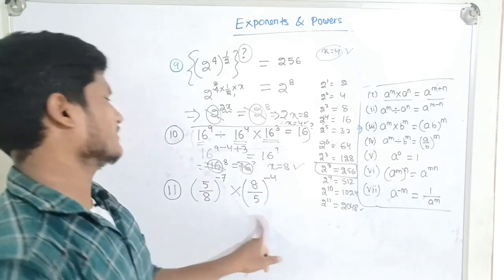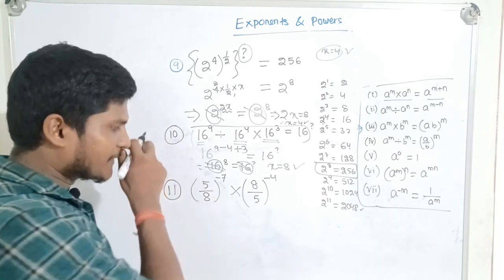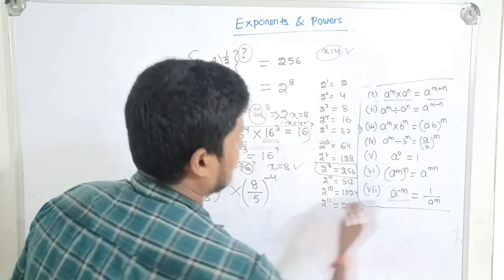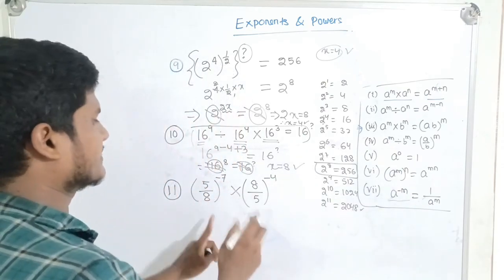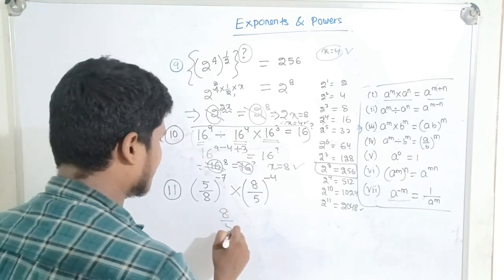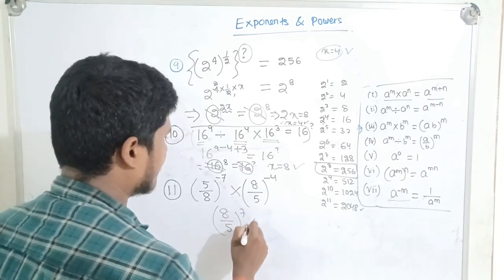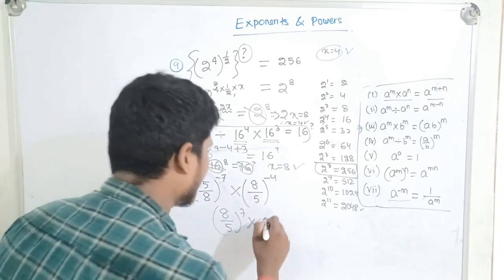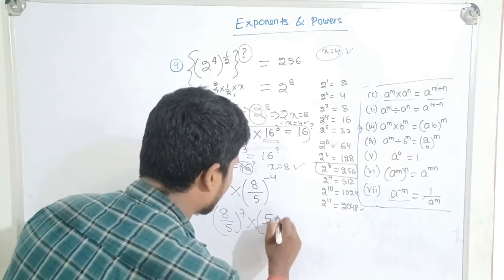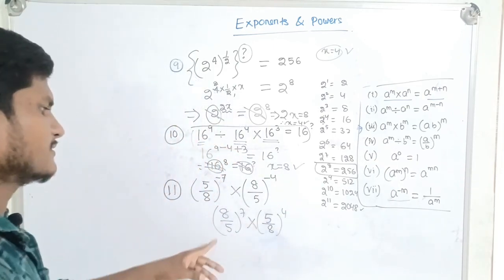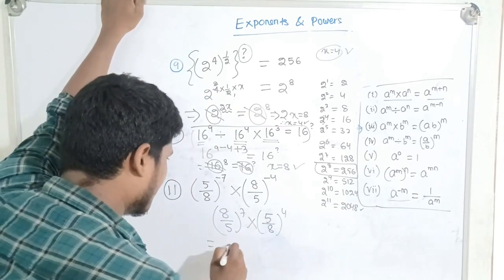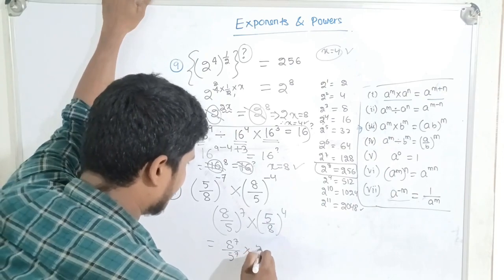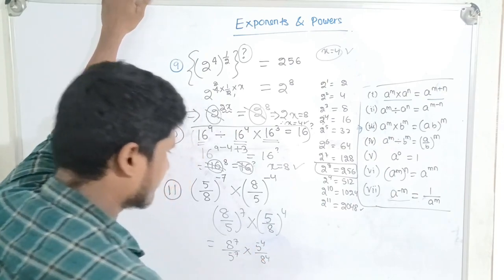This is another question: 5 by 8 to the power minus 7, multiplied with 8 by 5 to the power minus 4. Here the power is negative, so I can interchange, that means take the reciprocal: 8 by 5 to the power 7 multiplied with 5 by 8 to the power plus 4. So 8 to the power 7 by 5 to the power 7 multiplied with 5 to the power 4 by 8 to the power 4.